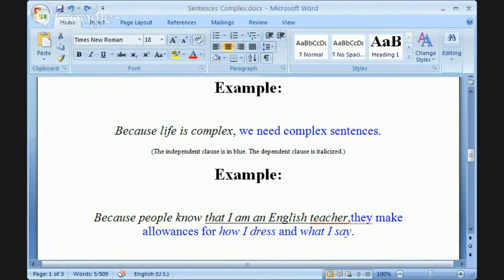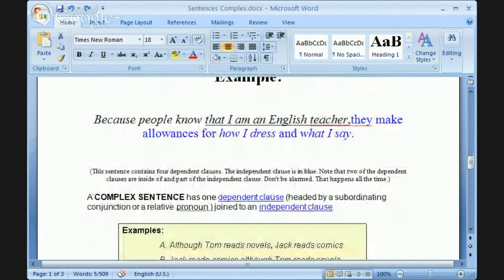That's it. If I switch this around, again, we need complex sentences because life is complex. I don't need the comma. Another example, because people know that I'm an English teacher, they make allowances for how I dress and what I say.